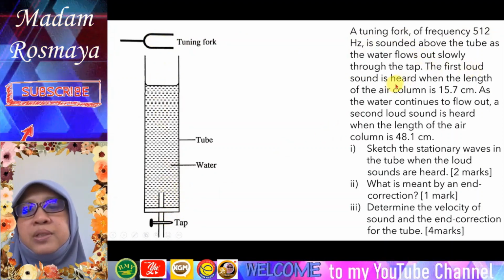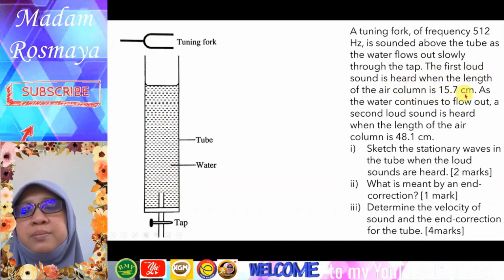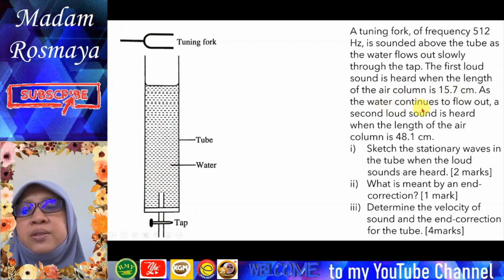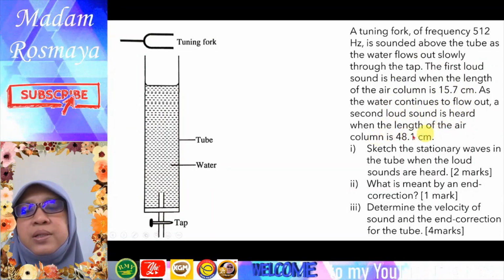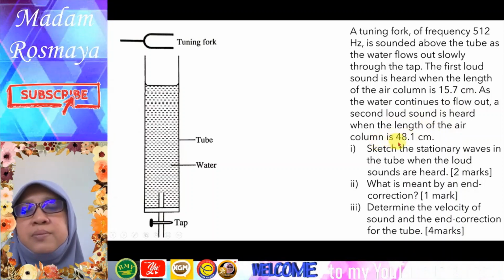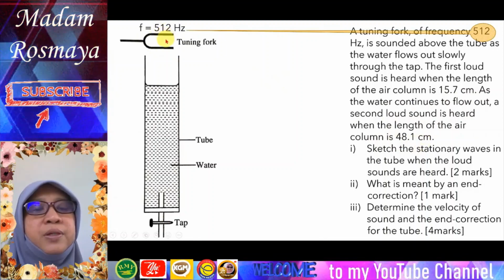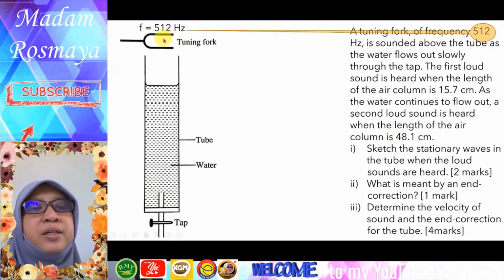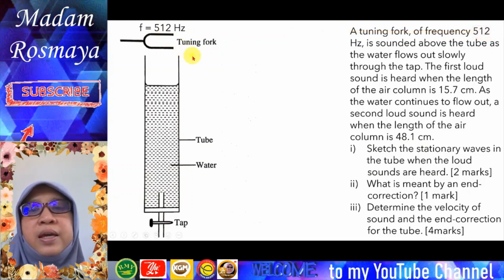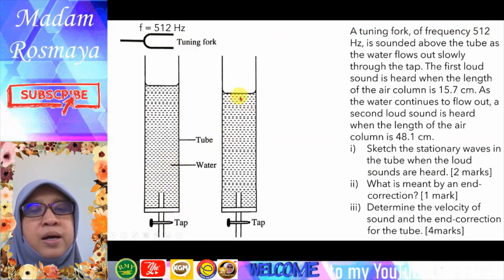Then the first loud sound is heard when the length of the air column is 15.7 centimeters. As the water continues to flow out, a second loud sound is heard when the length of the air column is 48.1 cm. So the frequency of the tuning fork is 512 Hz, and then the tap is open so the water flows out.